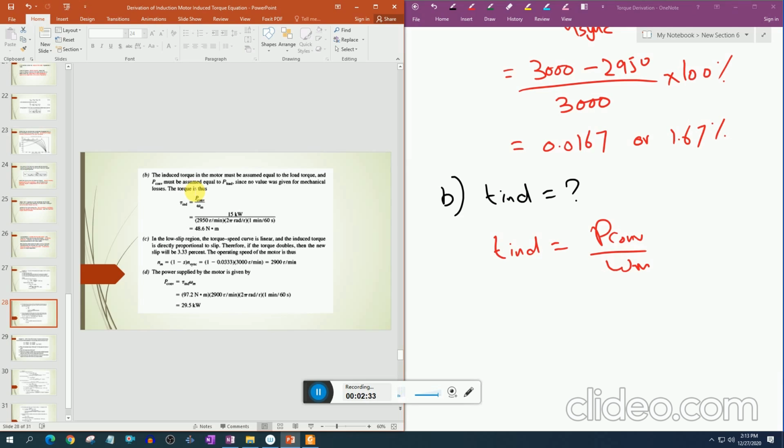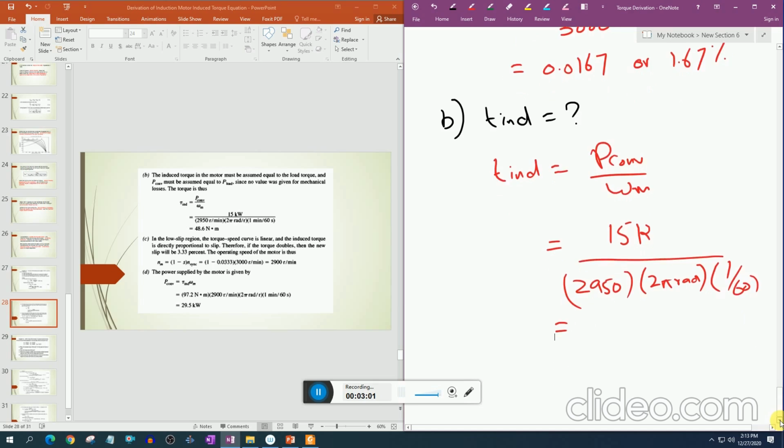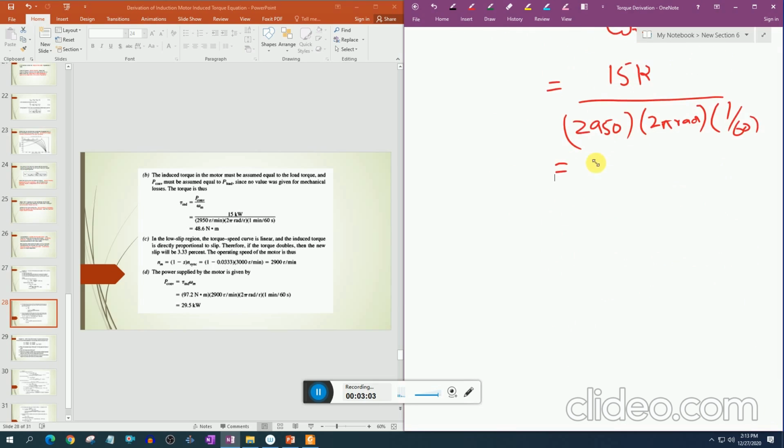So P converted equals P load, equal to 15 kilowatts, divided by omega m, which is 2950 into 2 pi radian into 1 by 60. By solving this, torque induced is 48.6 Newton meter.